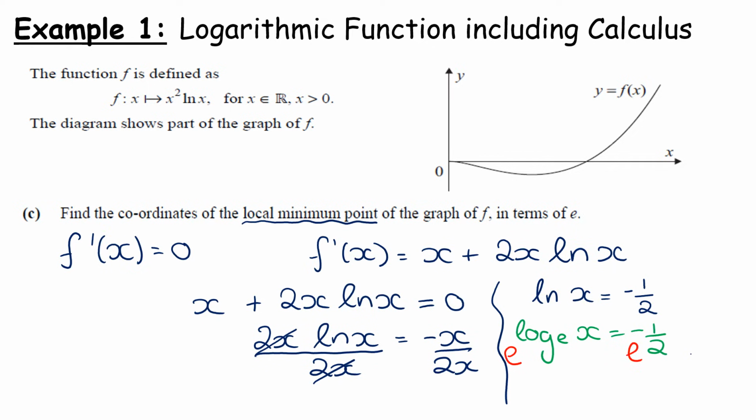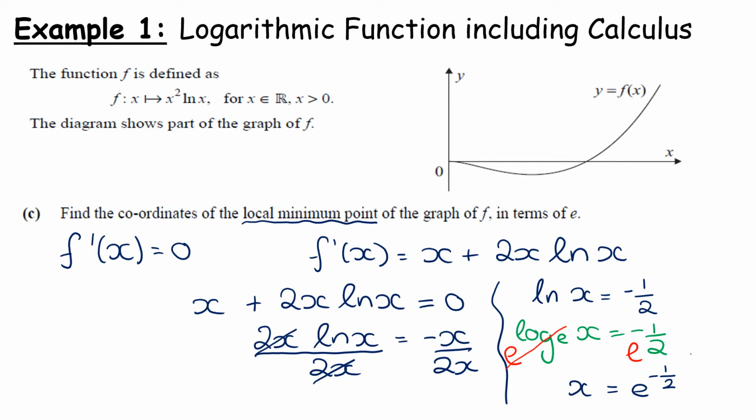E to the natural log gives me just what's in the log, so they undo each other, leaving me simply with x equals e to the power of minus a half. Now they do want it in terms of e, but we don't want to leave our power as a negative power, so we do want to tidy that up.